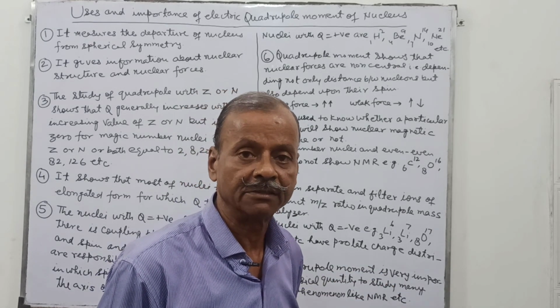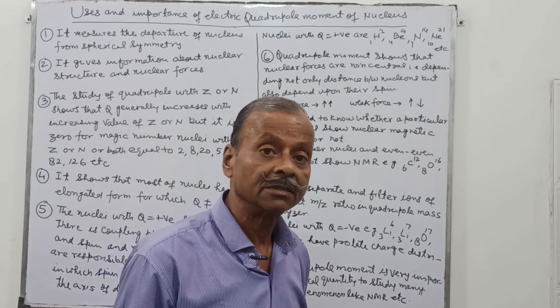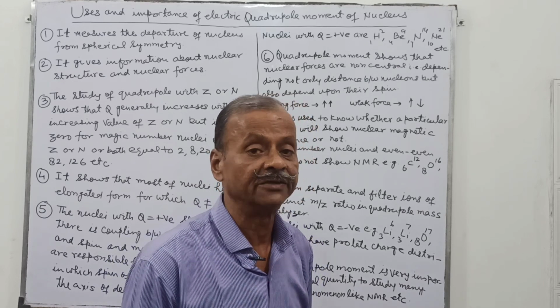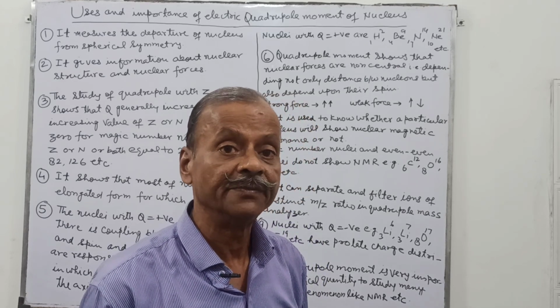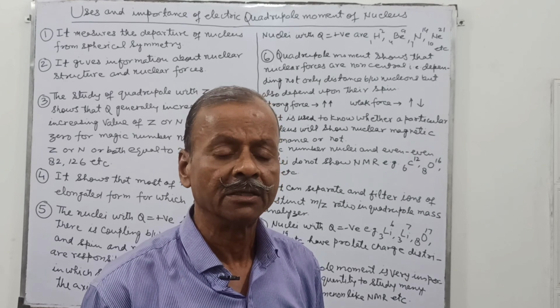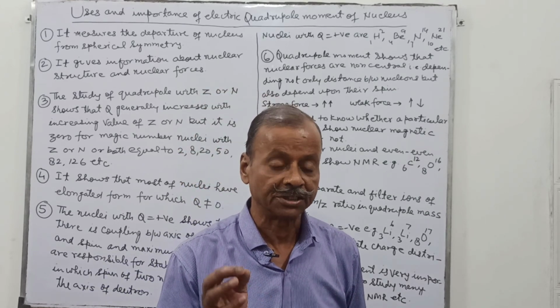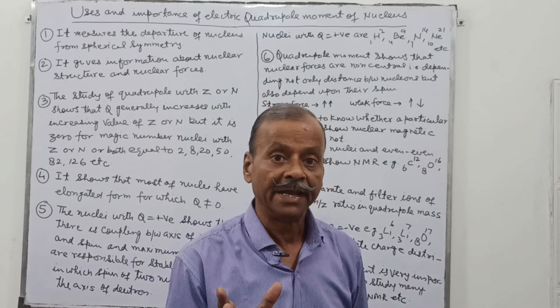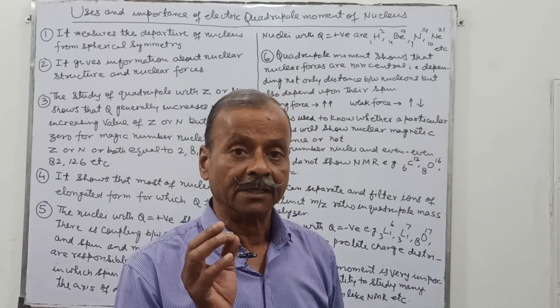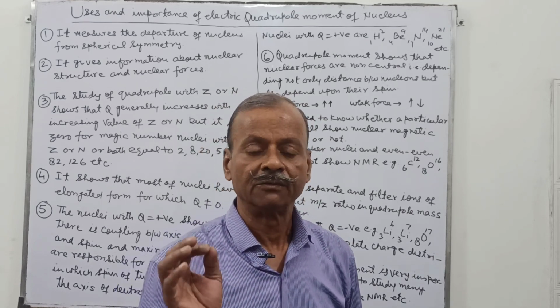They are elongated in form. Thus the quadrupole moment is a very important physical quantity to study many of the physical phenomena, particularly the charge distribution in the nucleus and the nature of the nuclear forces.